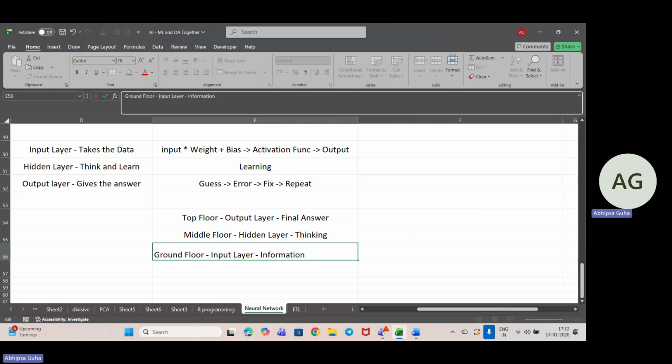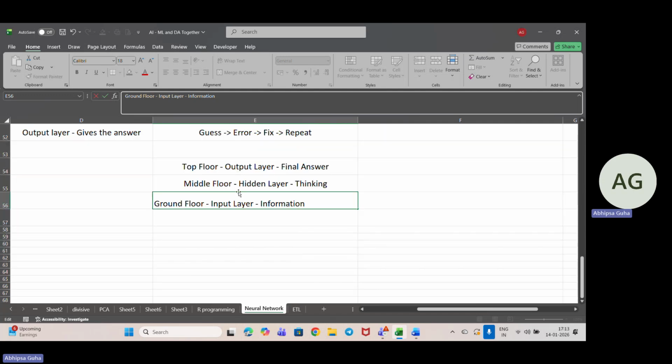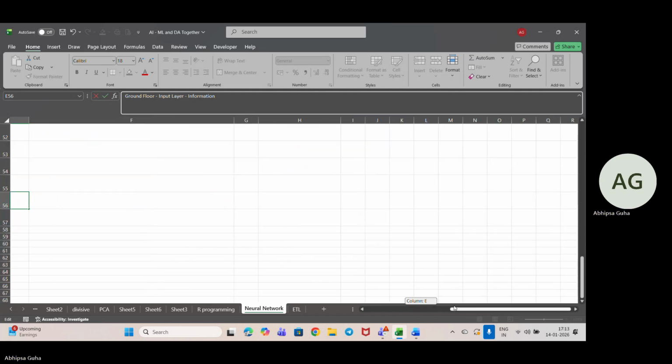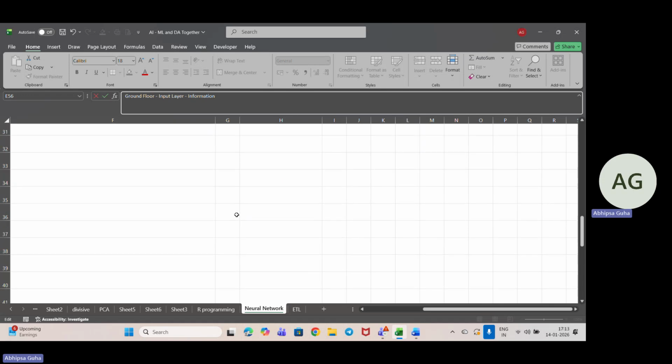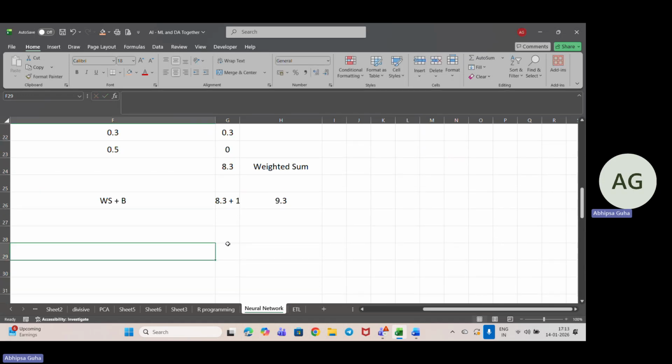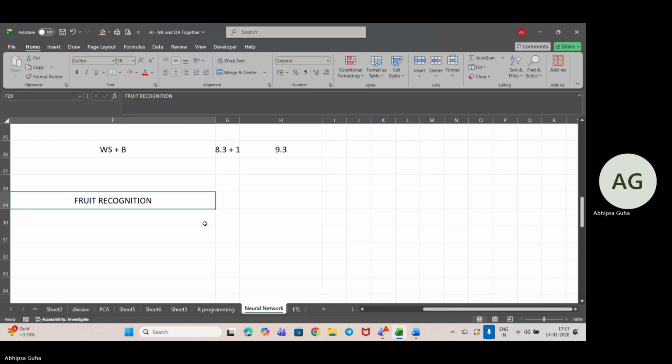Right, now let's take an example. It's fruit identification, or fruit recognition. I want to recognize the fruit. Now I need to teach my system to identify the fruit. Okay.